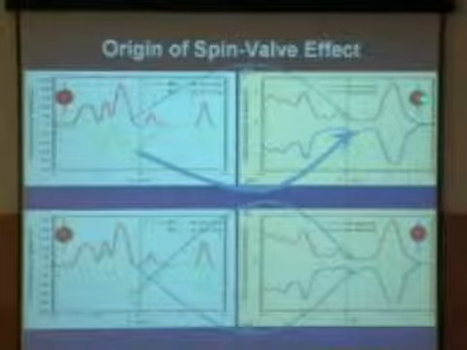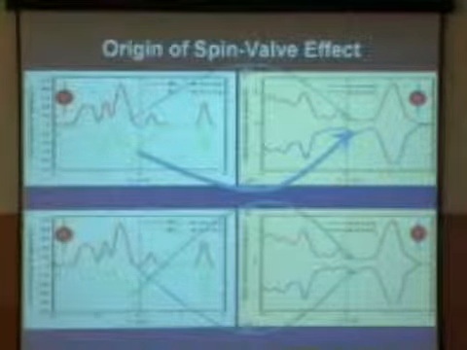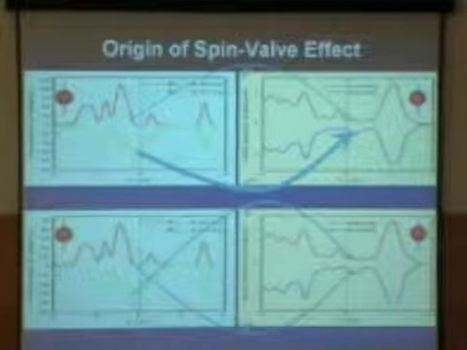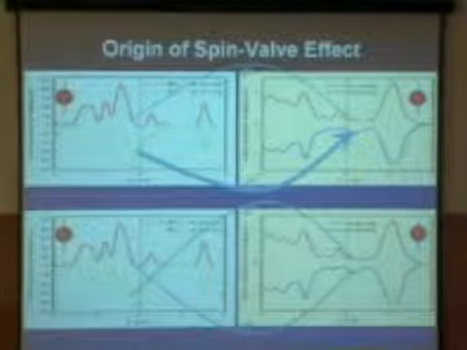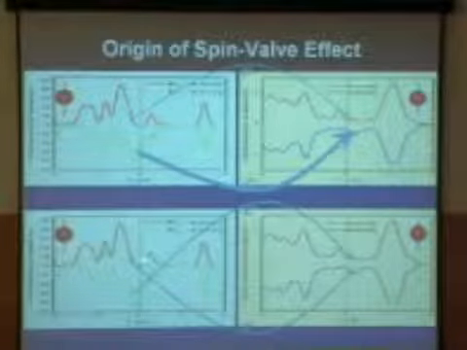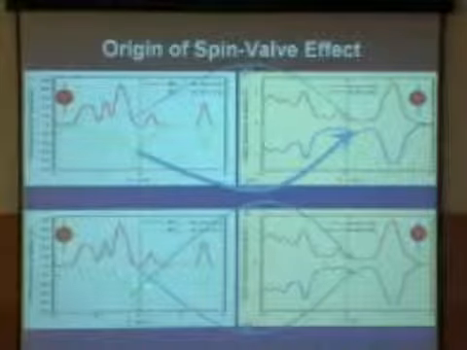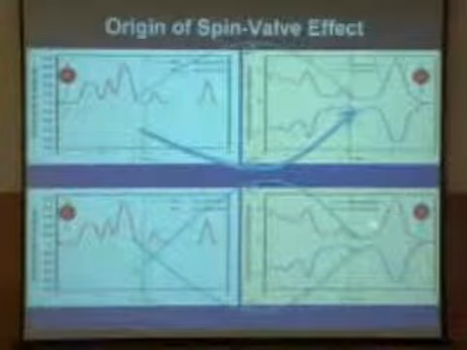Let's see what happens when the spins are anti-parallel aligned, substrate and tip. In this case, I'm going from up, where we don't have anything, to down, where we have nothing. But electrons will not flow because nothing is available here. For spin down, we do have electrons, but the number of states available is small.